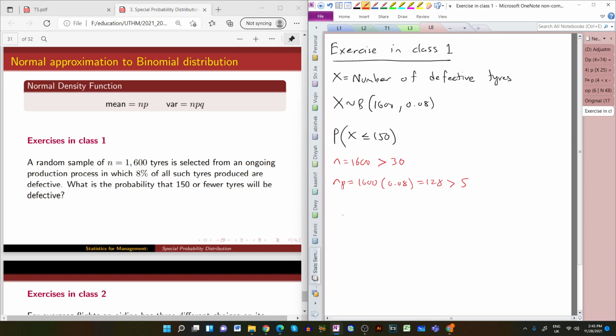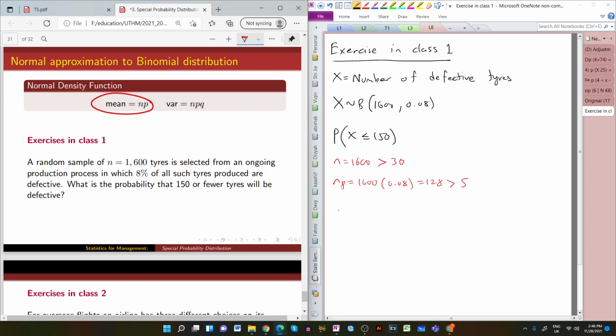For us to use normal approximation, we need to find the mean and the standard deviation. The mean is np.